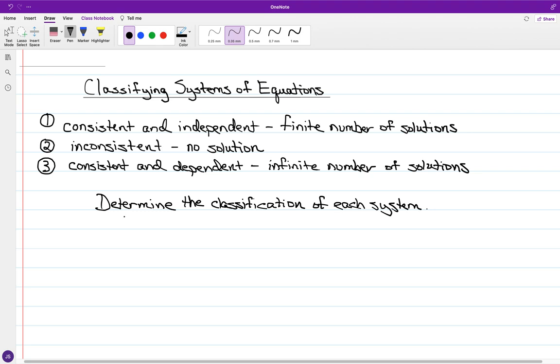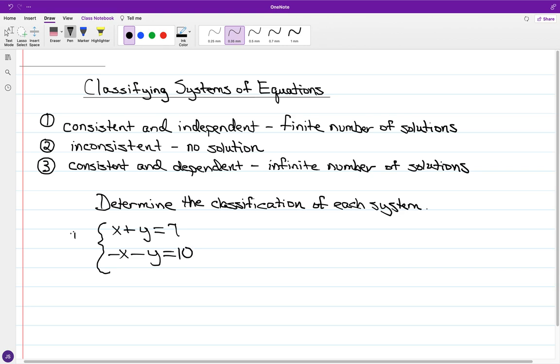We'll say that in the first case we have a couple of linear equations in x and y. We'll say that we have x plus y is equal to 7. And we'll say that we have negative x minus y is equal to 10. All right.